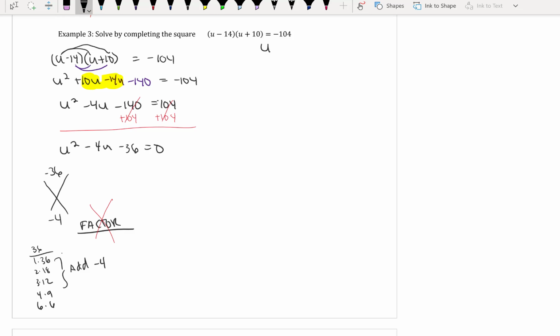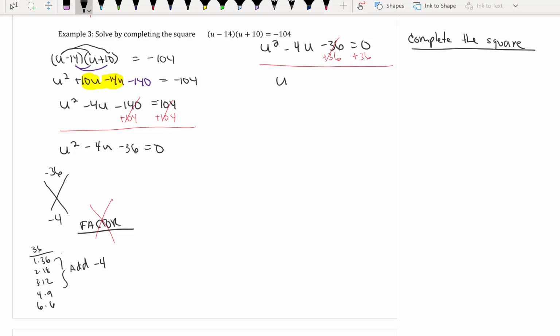So I have my u squared minus 4u minus 36 is equal to 0. So I'm going to be completing the square. And in order to complete the square, remember we want to isolate the constant. So I'm going to add that 36 to the other side.